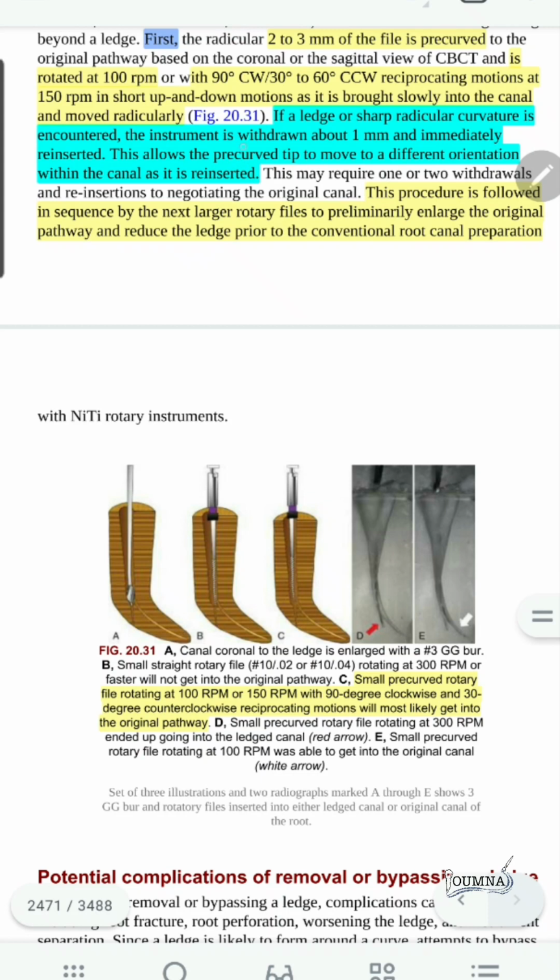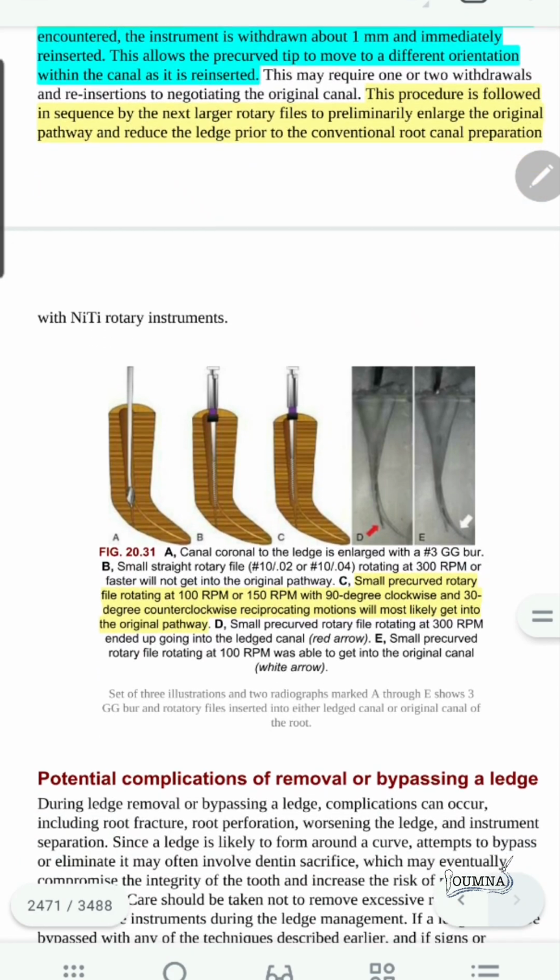So we withdraw 1 millimeter and reinsert it so that we are on the original path, and we are eliminating the ledge by doing a preparation of the original path. We do it in sequence of the sizes of the rotary files.